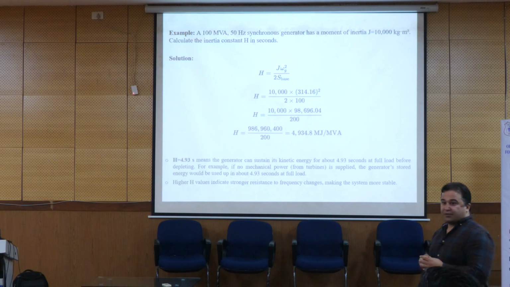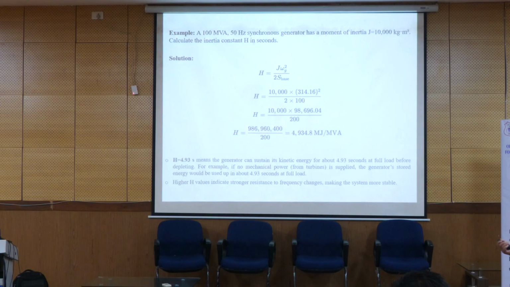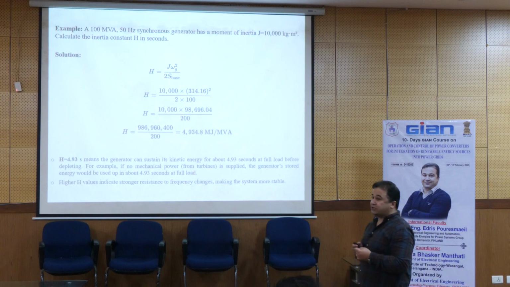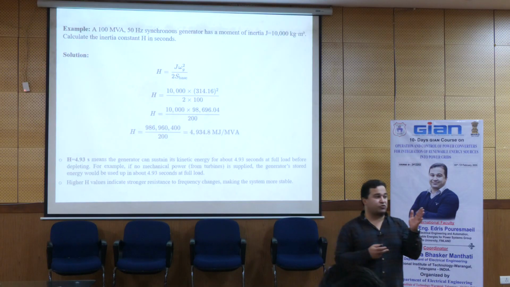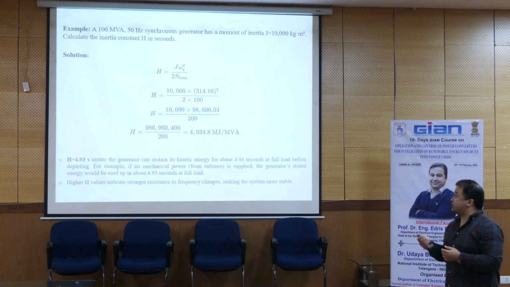So we see that H is 1 over 2 J omega squared over S. We have the 100 mega and the 10,000. Omega is 314, from 2 pi f, 2 times 3.14 times 50, which is equal to 314.